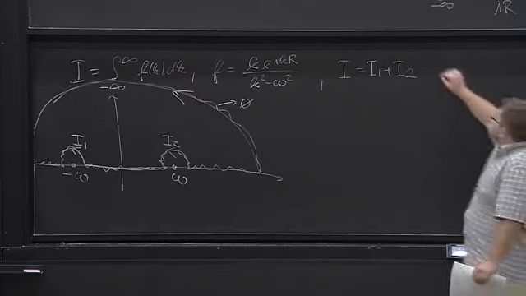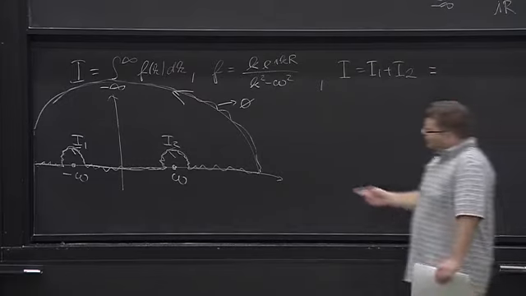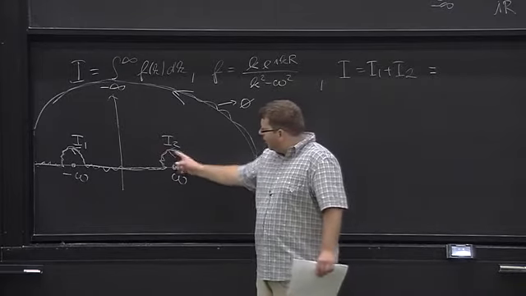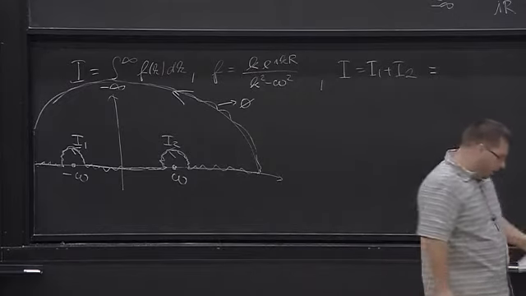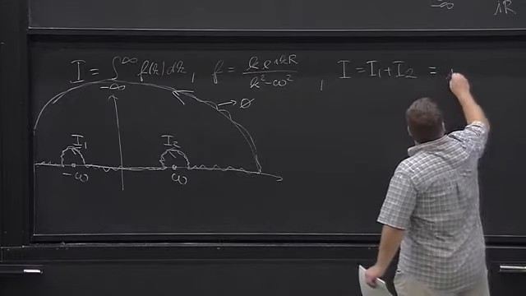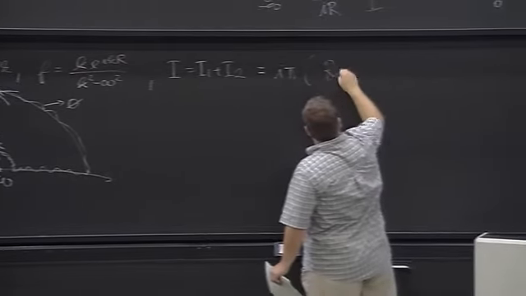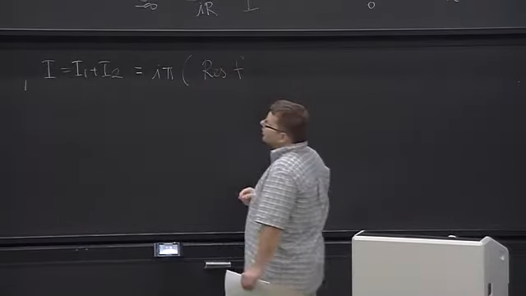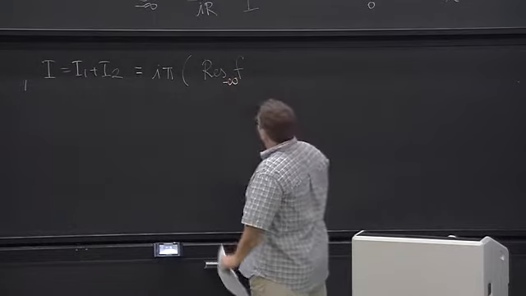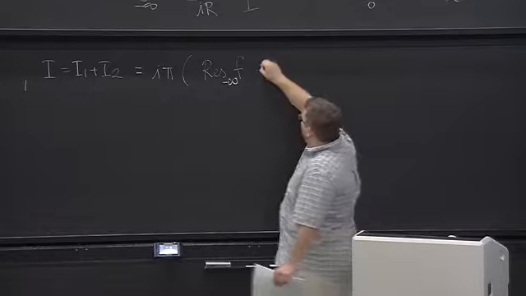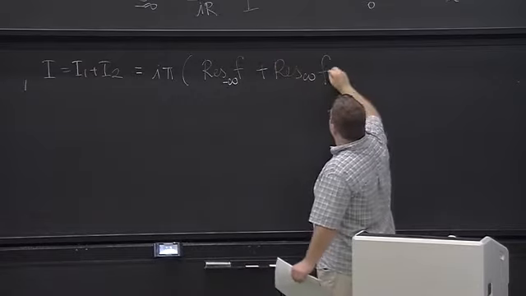And so another statement is that if you go around the pole, it depends what angle I'm sweeping. Here I'm sweeping just half of the circle, so the angle is pi. So then this is equal to i pi, and then the residuum of that function f. So one residuum is at the pole minus omega, and then I have the other residuum at omega.